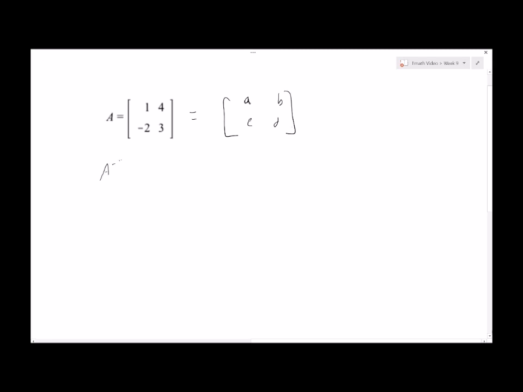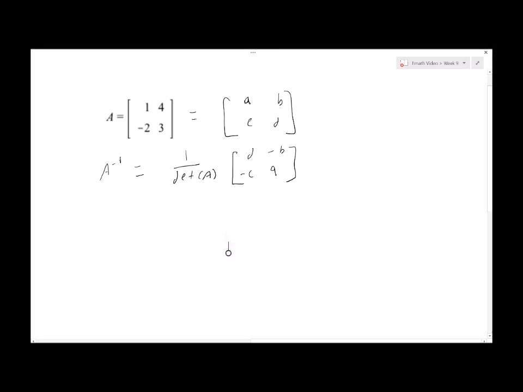The A inverse is going to be 1 over the determinant of A times you switch these columns and you negative the other column. That is the inverse of a 2 by 2. So very, very simple, very cool. We can do this very easily.